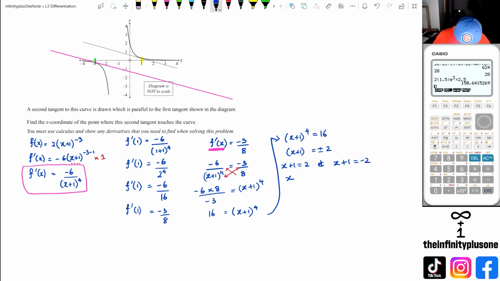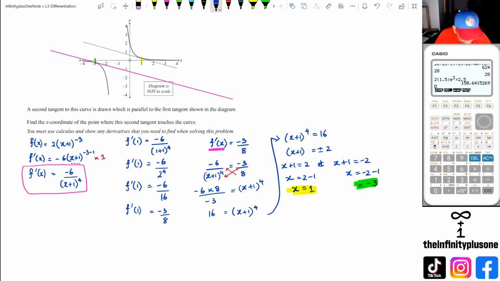So for the first answer, I've got 2 minus 1, which gives me just 1. And for my second answer, I've got minus 2 minus 1, which equals minus 3. Now, if you look at the graph, we've already got x equals 1, that's highlighted in yellow there. And by pure luck, I've also got x equals negative 3.